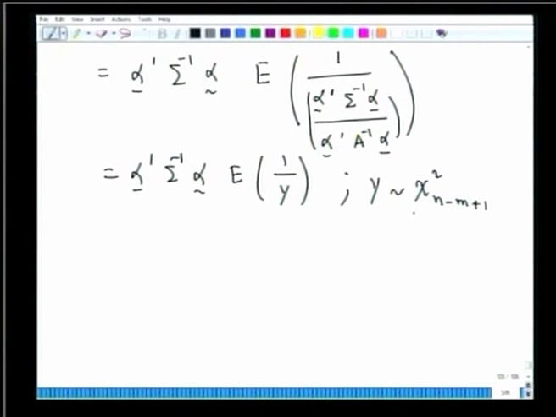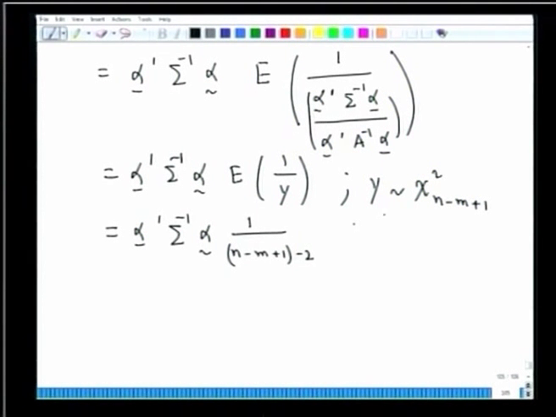Now if y has a chi-square distribution on n minus m plus 1 degrees of freedom, we know that expectation of 1 upon y would be 1 upon degrees of freedom minus 2. So this expression, straight away using univariate distribution theory, is going to be equal to 1 upon the degrees of freedom, that is n minus m plus 1, minus 2.